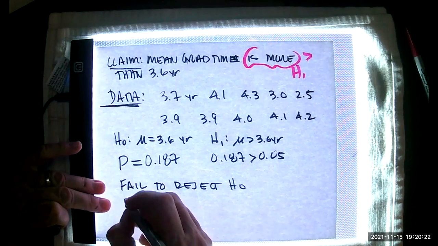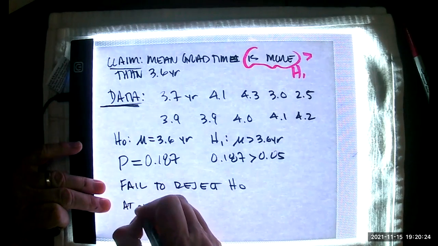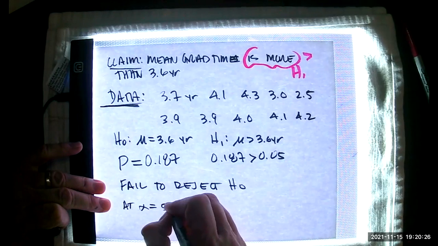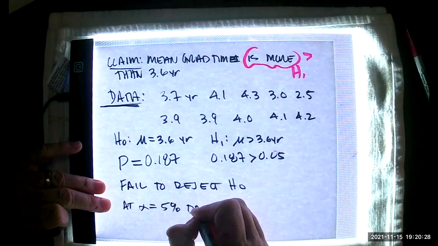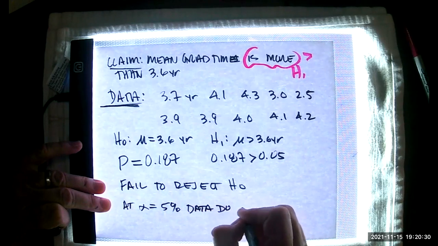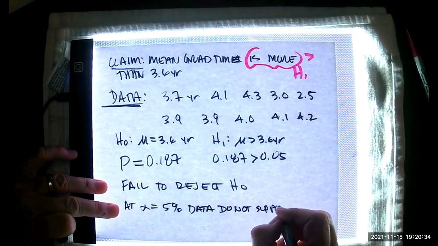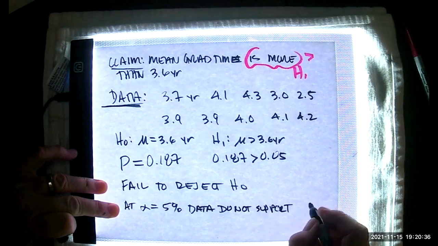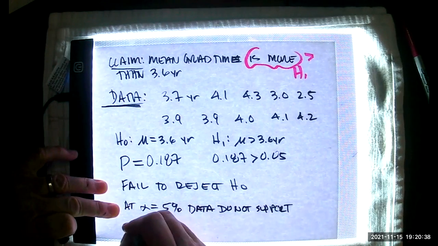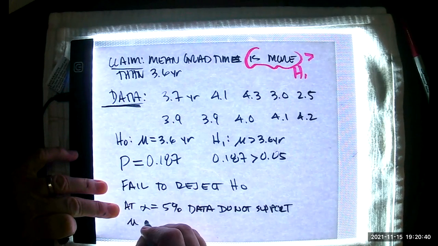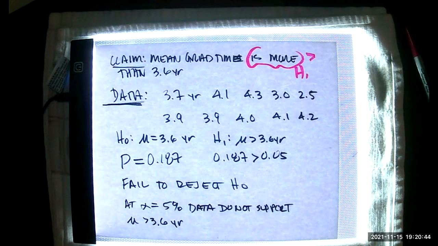And at alpha equals 5%, the data do not support mu being greater than 3.6 years.